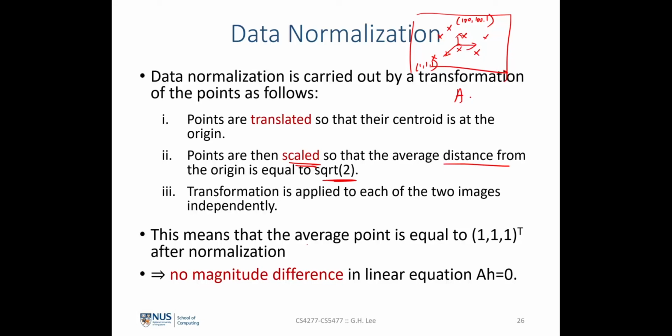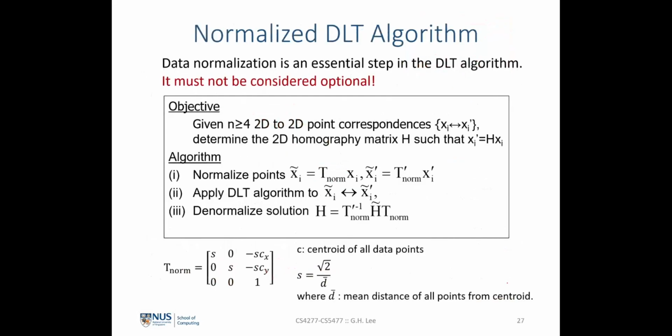This means that the average point is equal to (1, 1) after the normalization. That's why we have the square root of 2 here. And this will, as a result, mean that there won't be any magnitude difference in the linear equation AH equals 0.